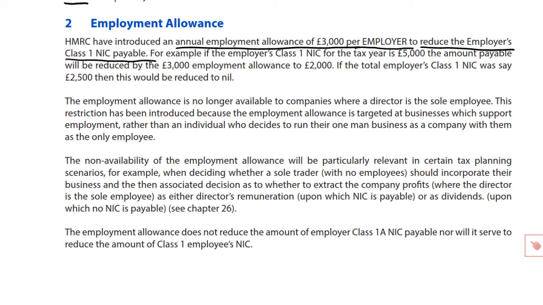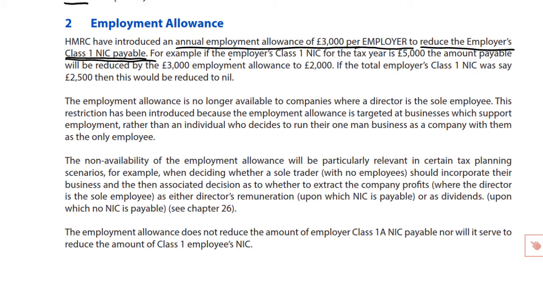Now, we'll pick it up in the notes as we go through, but it is purely specific to employer's Class 1 NIC payable. It is the only NIC from which this employment allowance of £3,000 may be deducted.